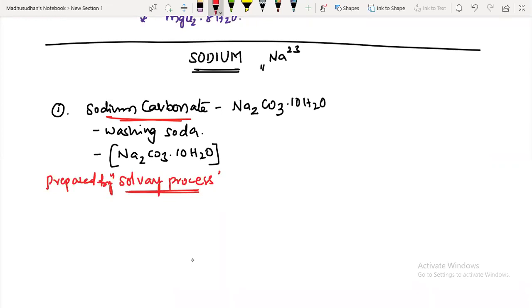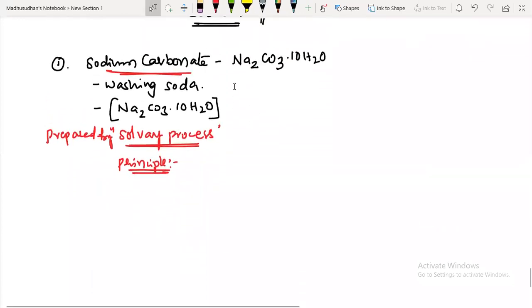In this, the principle is a very, very important point. It is applicable only for sodium carbonate, but not applicable for potassium carbonate. The method I'll explain, but the principle is the low solubility of sodium bicarbonate.